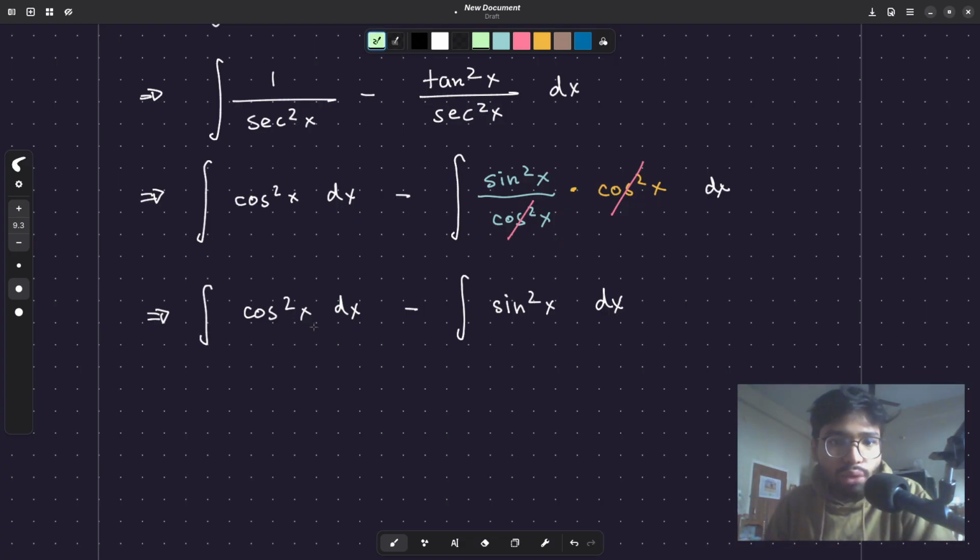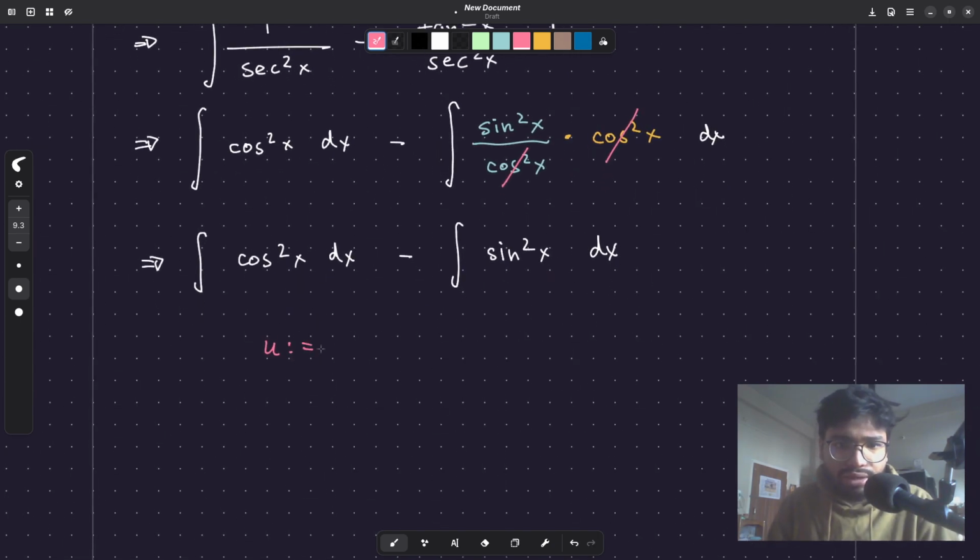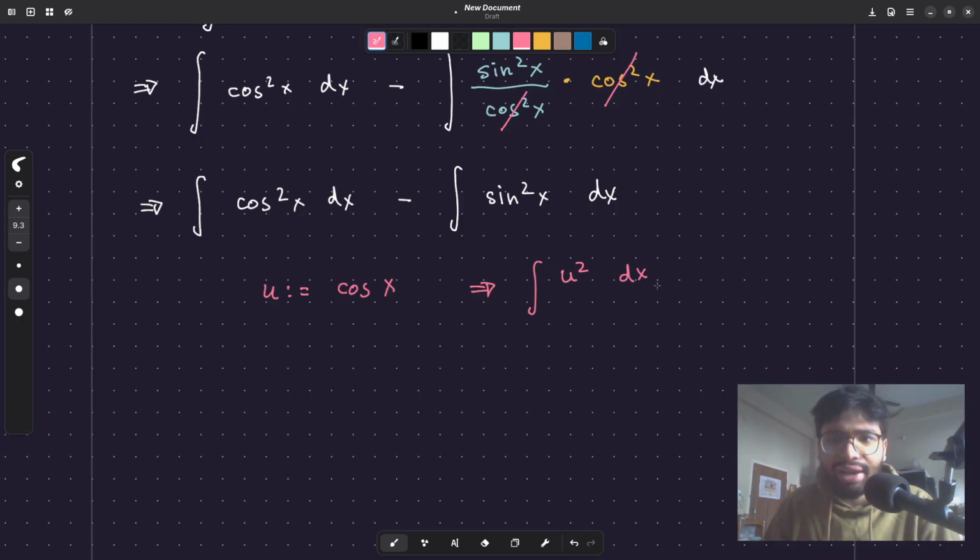But if we try to solve these integrals using our typical ways, that is u substitution or maybe by parts, we'll face a problem. Let us try a u sub: define u as cosine of x. Cool. We can make this u square dx, but we have to find du, that is, we have to substitute for dx.